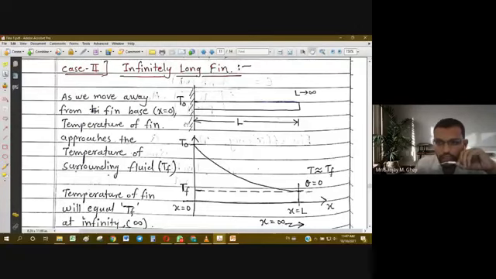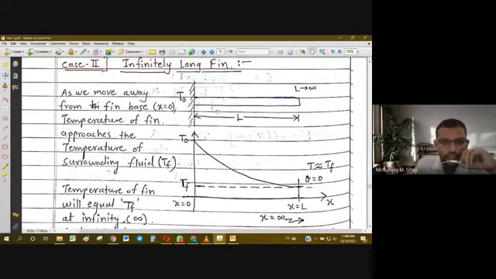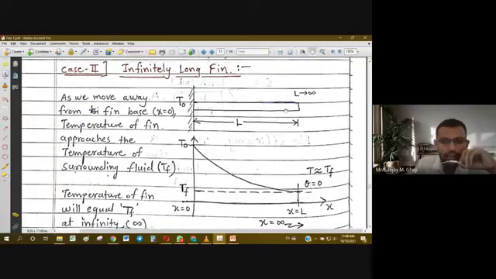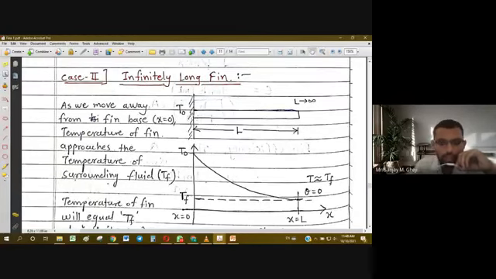Now in this case the length is going to infinity. It means that we have a very long fin. In practice there is nothing like an infinite length, and we cannot go for an infinitely long fin. We have to limit it to some finite value. So infinite is with respect to the dimensions.